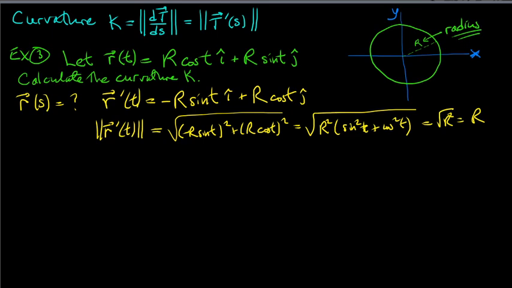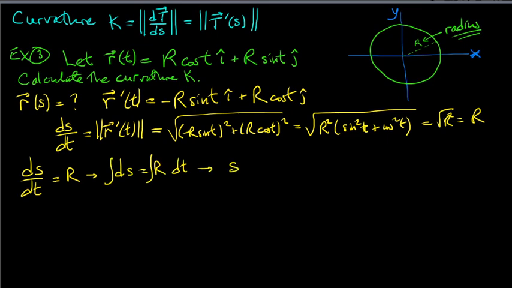And remember that this is also the rate of change of s with respect to t. So the derivative of s, the arc length, with respect to t is just r. So if I integrate, I just get s, which of course is just r times t.